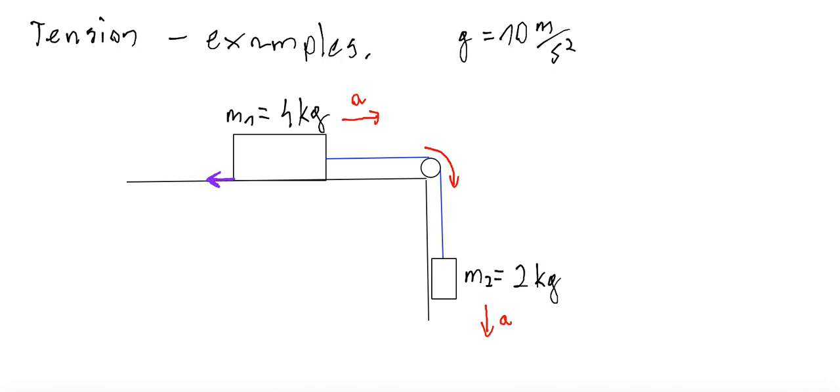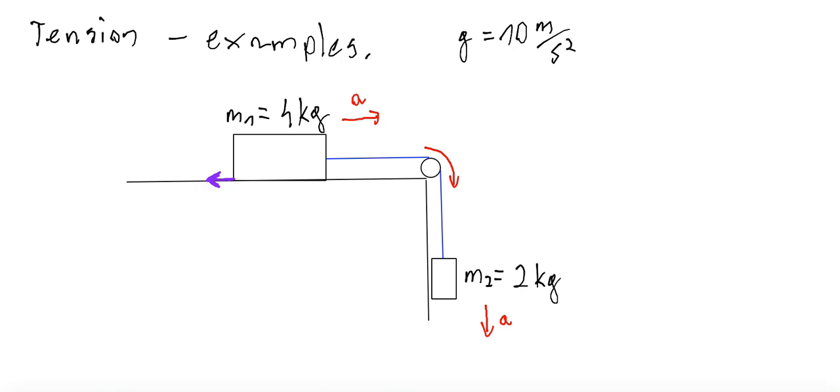If object 1 moves to the right, then frictional force acts to the left. We didn't do a lesson about friction, but let's imagine that this is a kind of resistive force which acts opposite to the direction of motion.